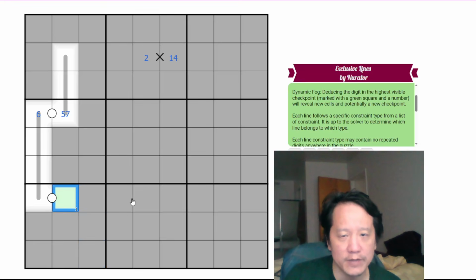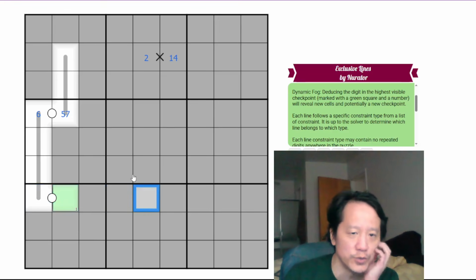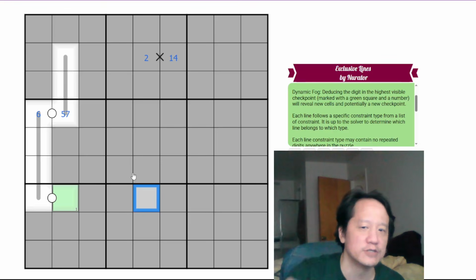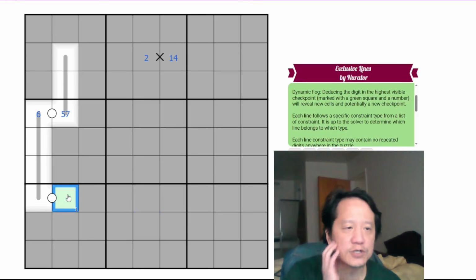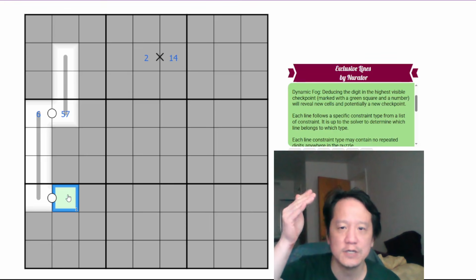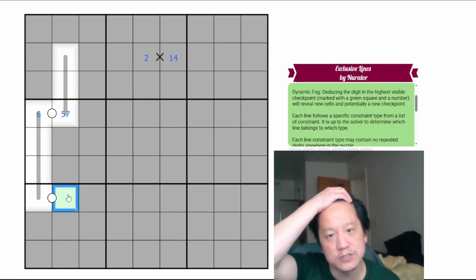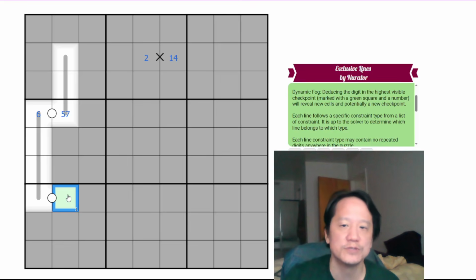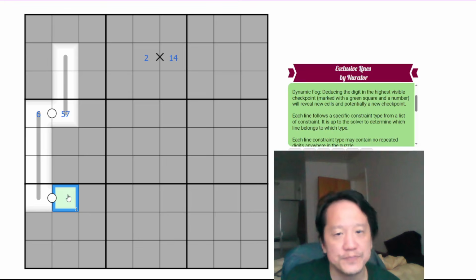I assume that once we find another green square with a 2 in, that would be the next checkpoint. So if we place a correct digit in the checkpoints, they will clear some new cells and potentially a new checkpoint.